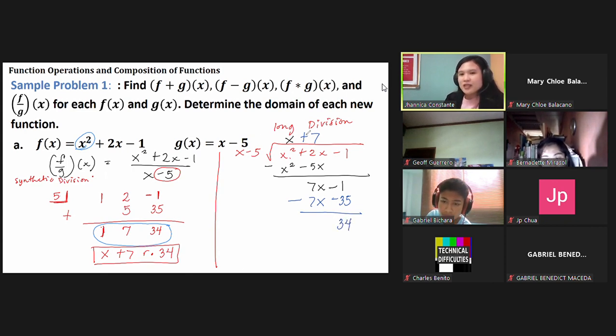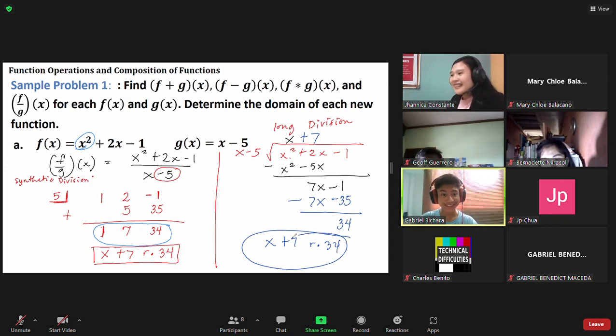So we have the same answer, which is x plus 7, remainder 34. So even if you use the long division or the synthetic, you will have the same answer once we divide the two functions that we have.